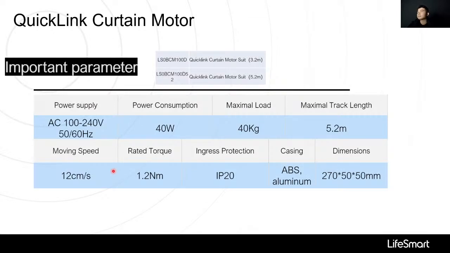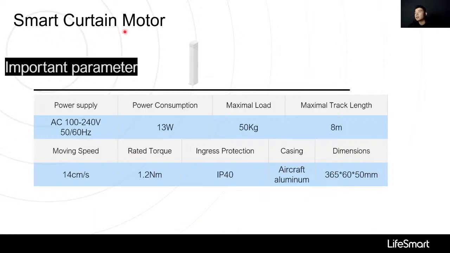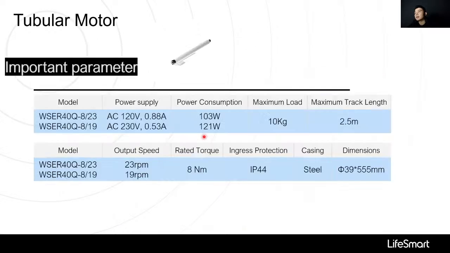Maximum load: quick link curtain motor, maximum load 40 kilograms, maximum track length 5.2 meters. For smart curtain motor, maximum load is 50 kilograms and the maximum track 8 meters. For turbine motor, 10 kilograms, 2.5 meters.